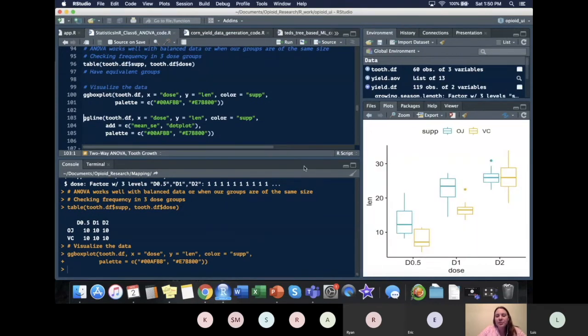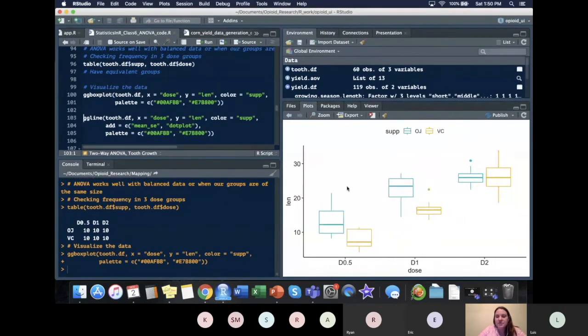So the first thing I told you before is to run these box plots. So we have 6 box plots here since we have 6 variables that we're looking at. So our blue ones are our supplement type. So we have OJ and our VC, ascorbic acid. And then we're seeing our dose values down here, and we're seeing how those 2 values relate to our length. So we're seeing that these are pretty distinguishable.